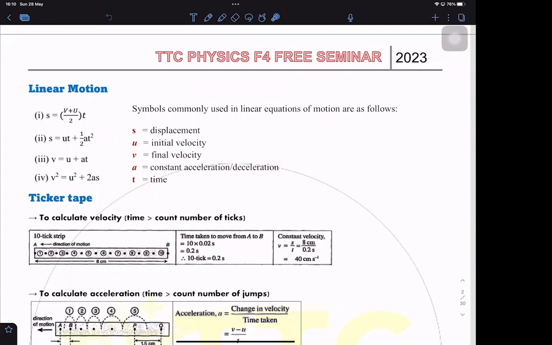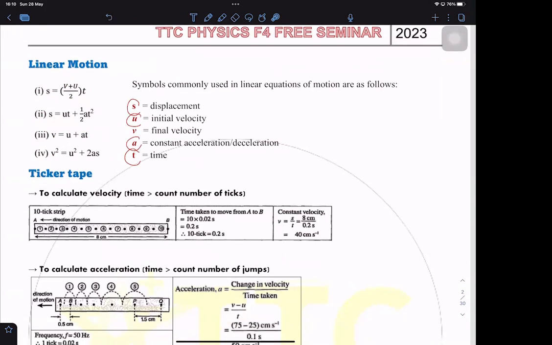For example, if today you have S, U, A, and T, you need to choose the equation that has these 4 things. You can choose the second one because the other ones all have V, so we cannot use those. Then you just substitute things inside. That is how you use the linear motion equation.